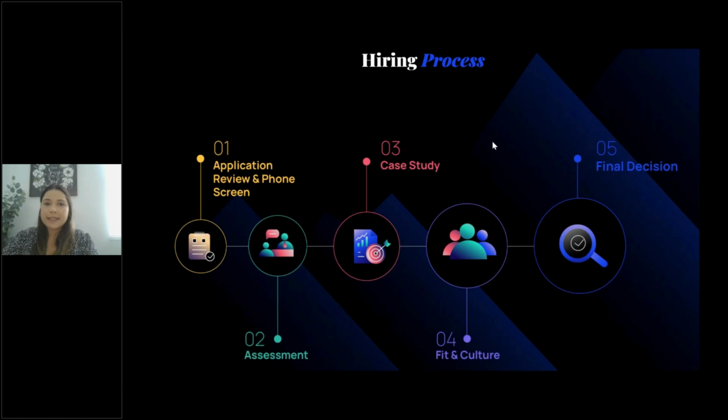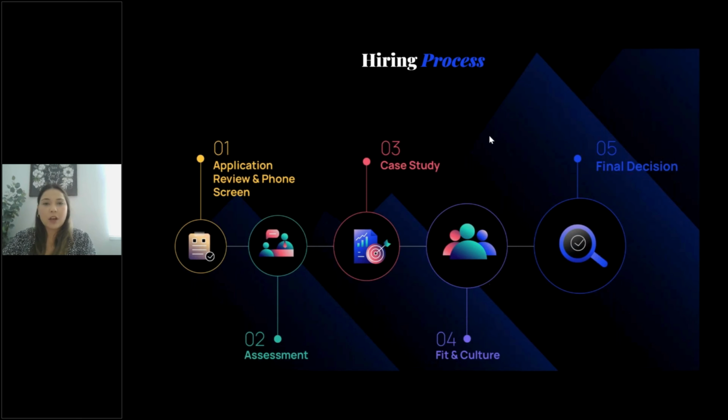In the US, it is an interview with a live assessment, and we'll talk about that through the presentation. And then in India, it is an online assessment. Once you complete step 2, if you do move forward, then there is a case study round. It's a little different between US and India, which we'll share as the presentation goes on. Then there is a fit and culture interview, and then we do wrap that up with a final decision. So that's a quick overview of our hiring process.